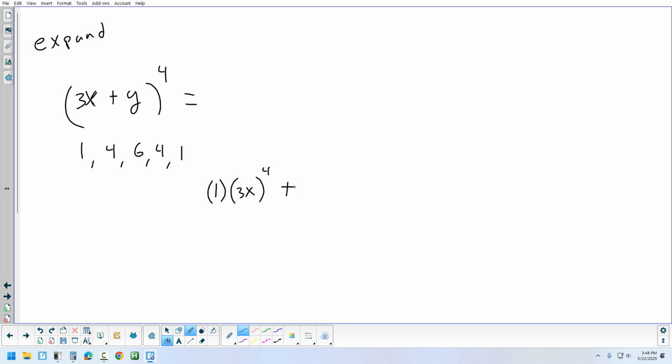Okay, what's our next binomial coefficient? 4, and in parentheses next to it, 3x to the 3rd times y. Okay, next coefficient, 6, and then 3x to the 2nd, and then y to the 2nd.